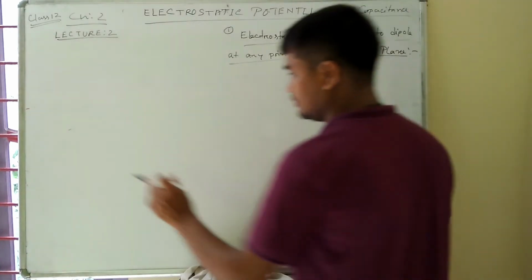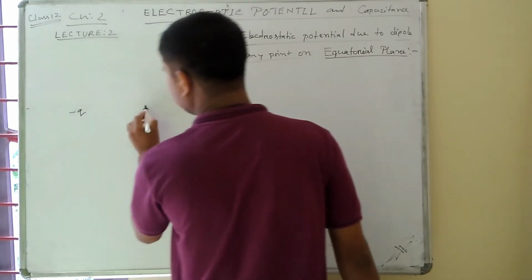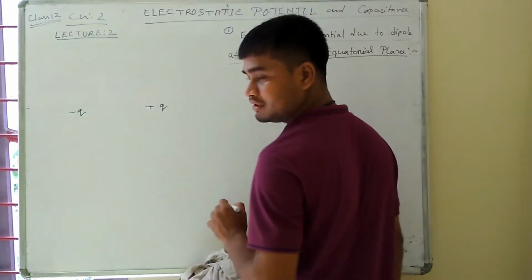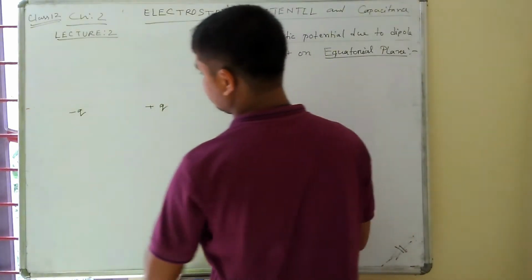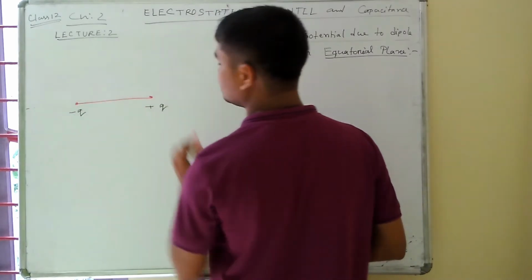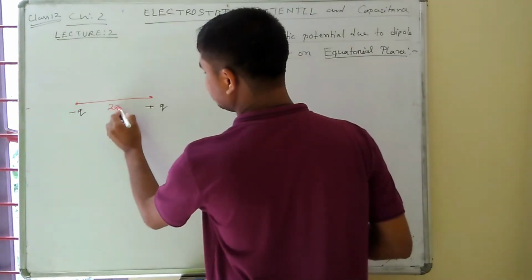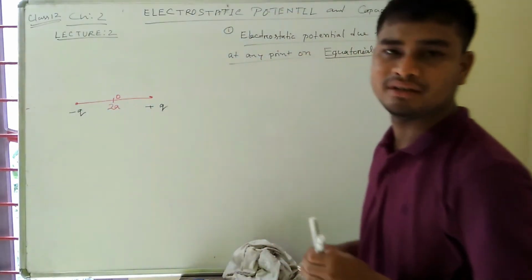Now this is minus q charge, this is plus q charge. These are the points and this is the distance between them, and its value is twice a. O is the center of the dipole.